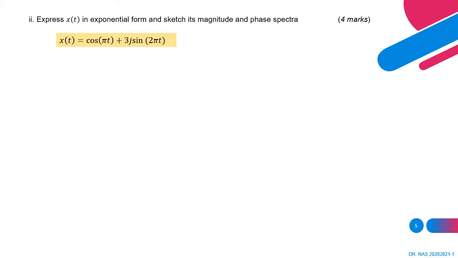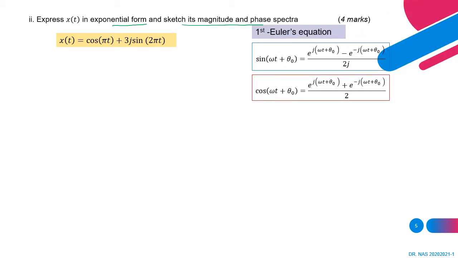Secondly, you need to express the given equation in exponential form and then sketch both the magnitude and phase spectrum. In order to convert the trigonometric equation into exponential form, you need to remember Euler's equation or Euler's theorem for both the sine and cosine.